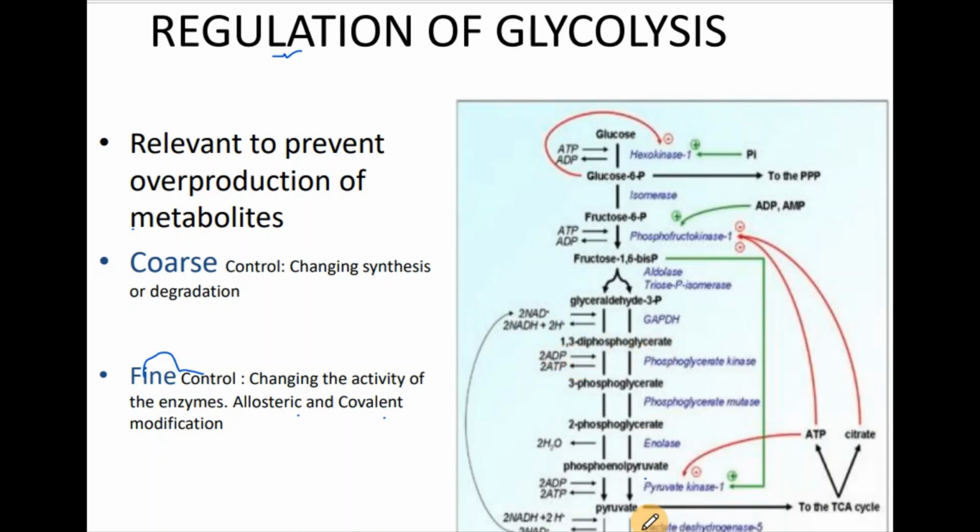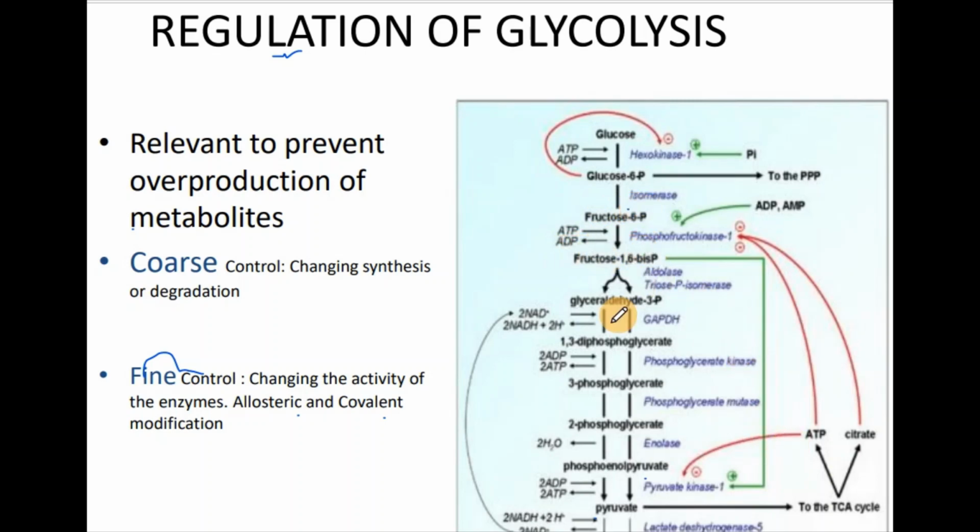So if you try to halt this pathway, you will still produce ATP in the glycolytic pathway, even though we want to stop the pathway. So the last step and the first step are not the control points of glycolysis. Though they can aid as rate limiting steps, they are not the main control steps in glycolysis. The main control step in glycolysis is the conversion from fructose 6-phosphate to fructose 1,6-bisphosphate.